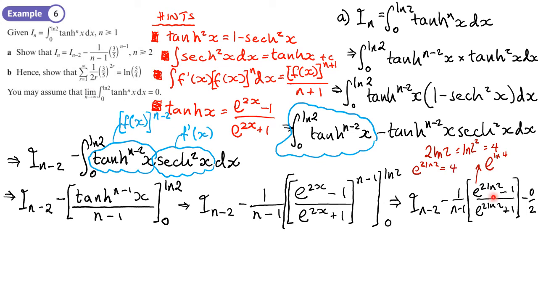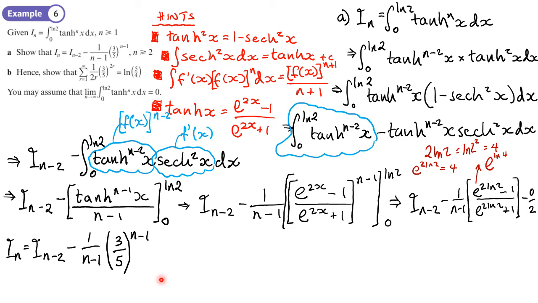Right, so what am I going to have? At the top I'll have 4 minus 1, so let's just write this out. So we have our integral is equal to I sub n minus 2 minus 1 over n minus 1 times, well, this is going to be 4 minus 1, which is 3, over 4 plus 1, which is 5, all to the power n minus 1.